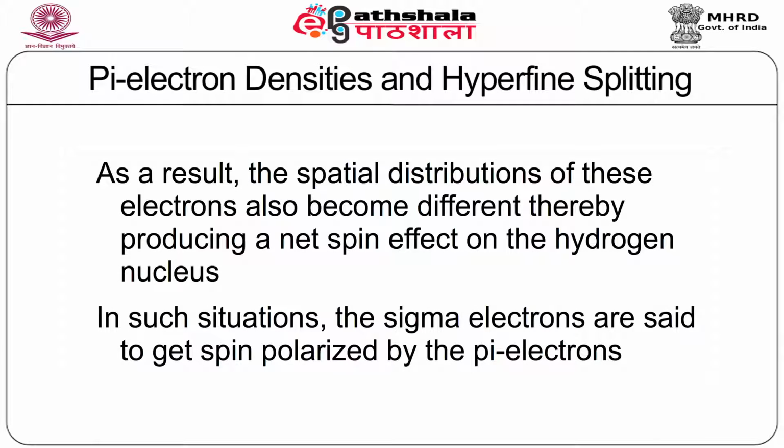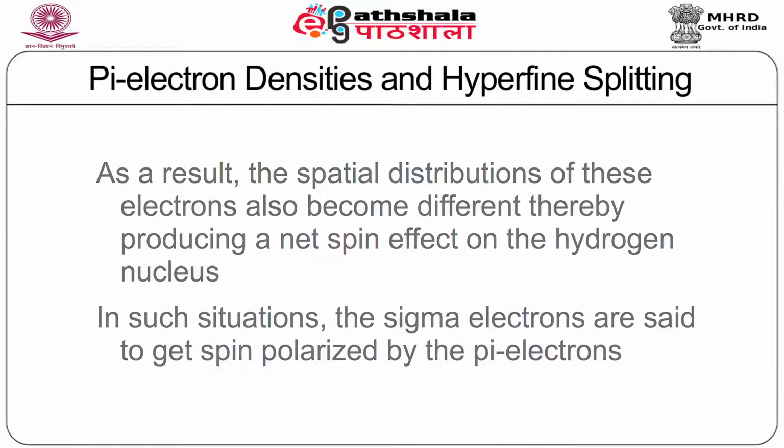As a result, the spatial distributions of these electrons also become different, thereby producing a net spin effect on the hydrogen nucleus. In such situations, the sigma electrons are said to get spin polarized by the pi electrons.